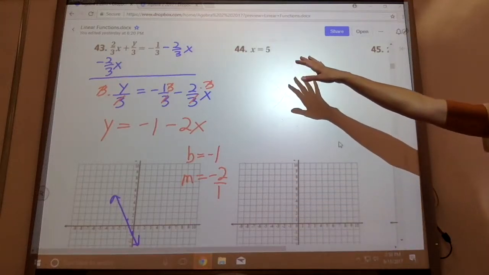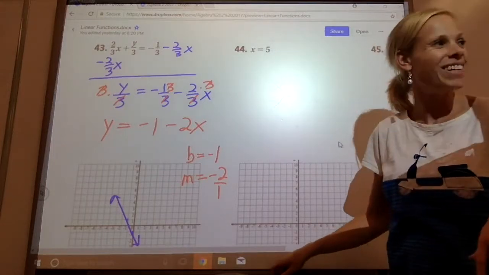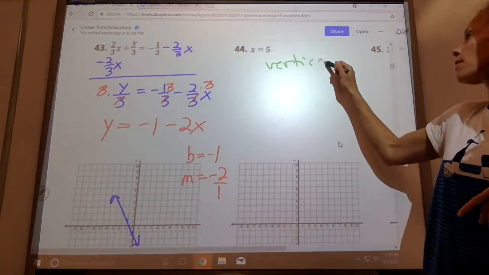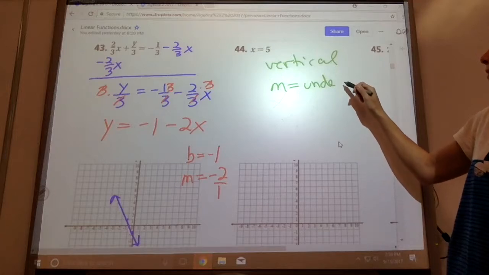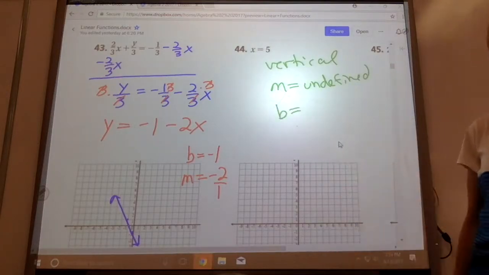X equals 5, is that vertical or horizontal? Vertical, but the slope, very good. What's the slope? Undefined, very good. Whenever you have a vertical line, your slope is undefined. What's my y-intercept?